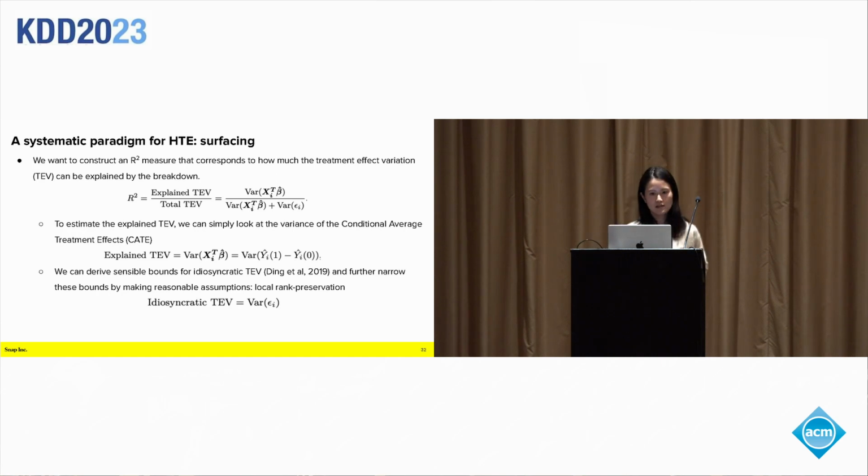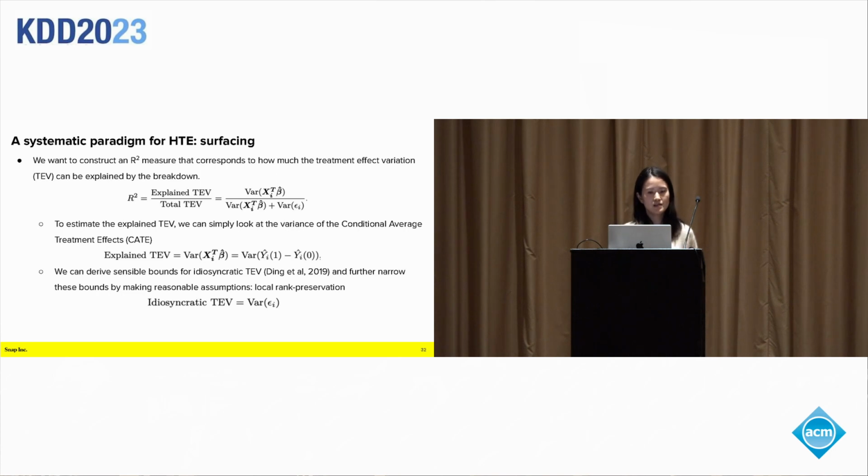And for the second step, to answer the surfacing question, what we do is construct an R-square, which is a measure that corresponds to how much the treatment effect variation, or TEV, can be explained by the breakdown. And then we compare the R-square of each different way of breakdown and see which one has the highest R-square value.